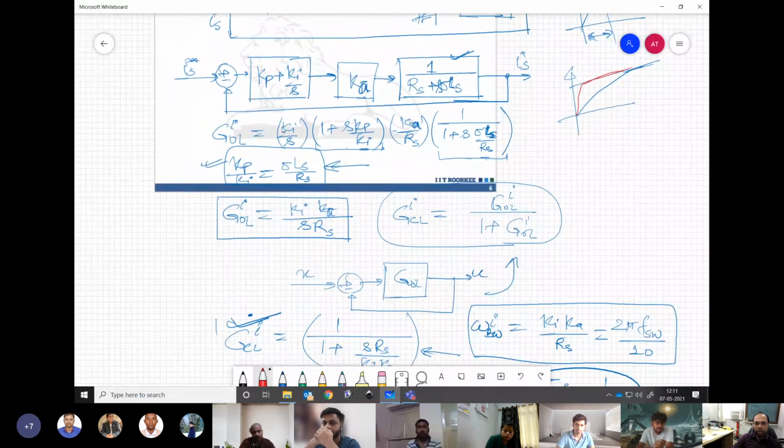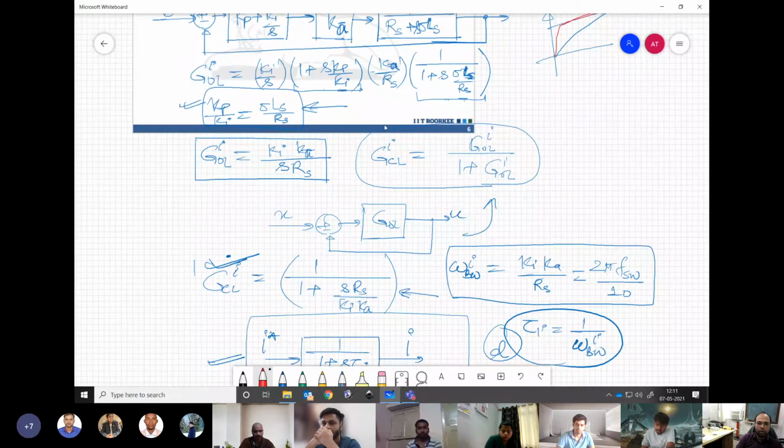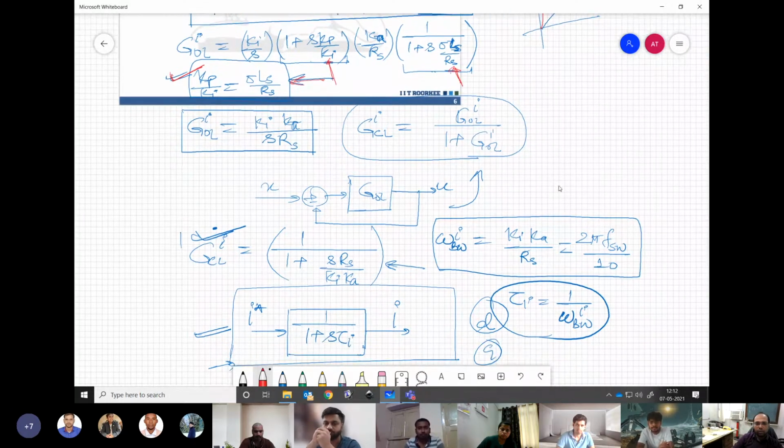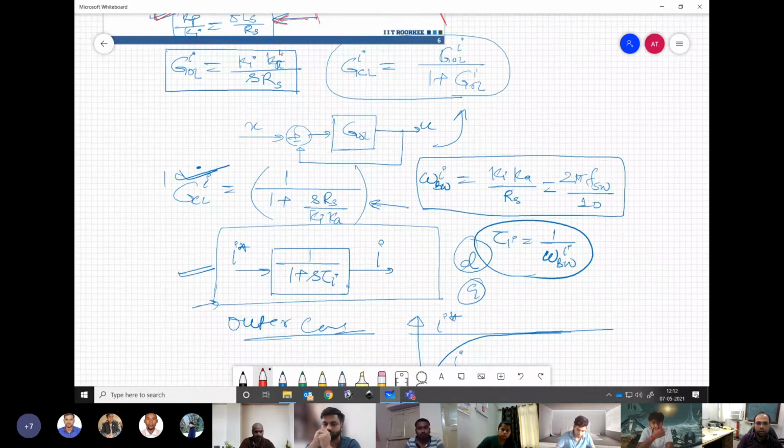And using this controller, if we rearrange our open loop transfer function, we can cancel this pole and zero. The meaning of pole zero cancellation is that this coefficient is equal to this coefficient: Kp by Ki is equal to sigma Ls by Rs. This we have understood. Now our open loop transfer function has only this term.